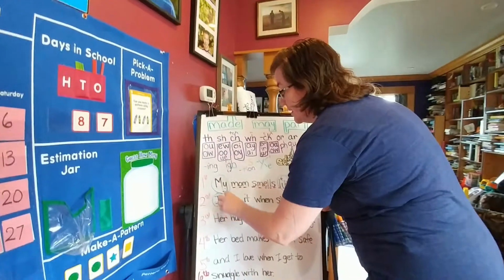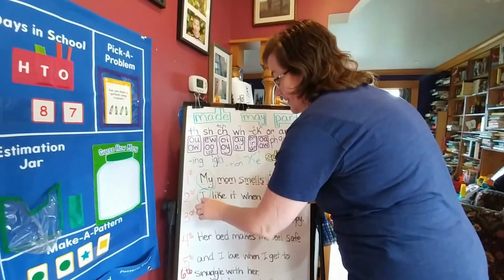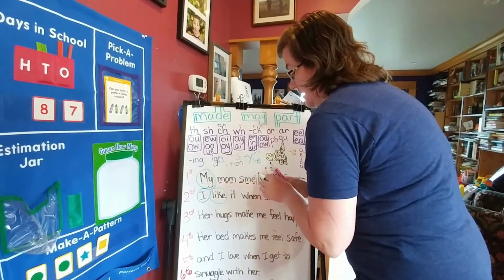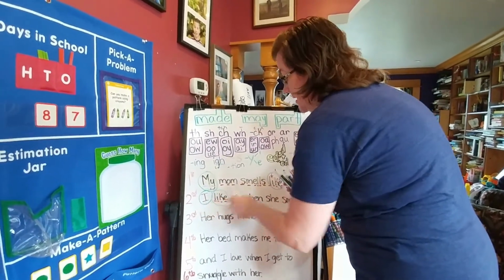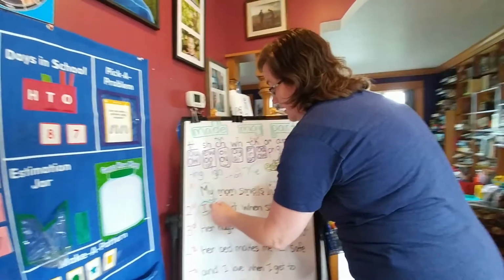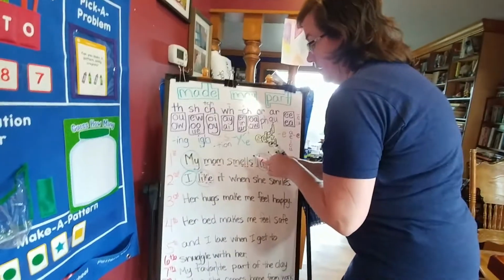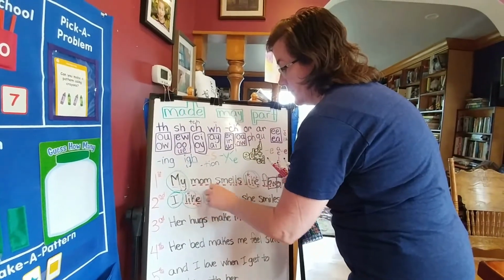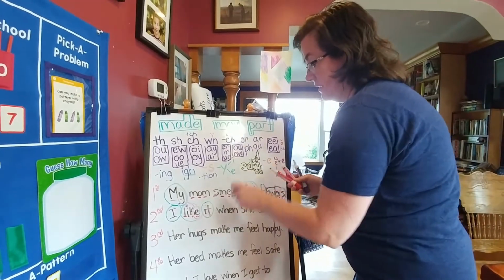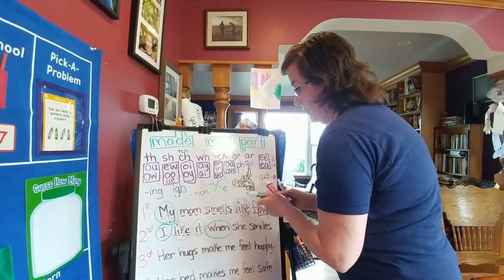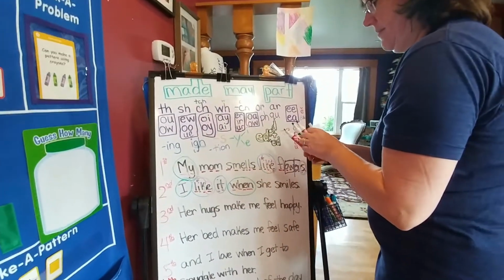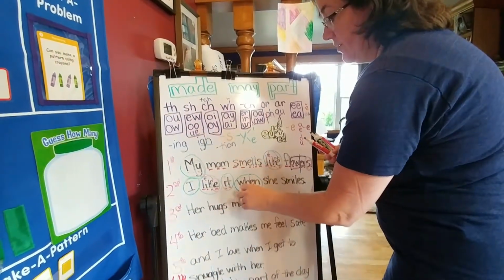Sight word I. I. Like. Sight word like. L-I-K-E with our silent E. Sight word it. Spell it with me. I-T. Sight word when. W-H-E-N. Has our W-H.